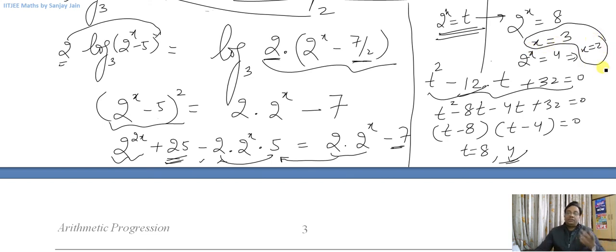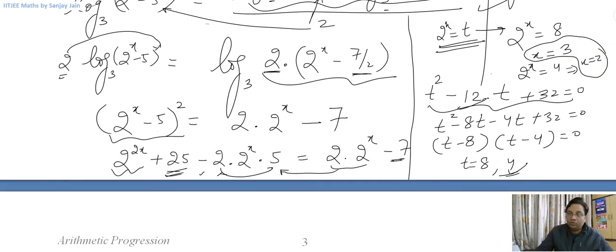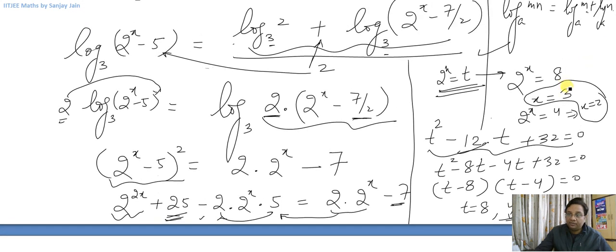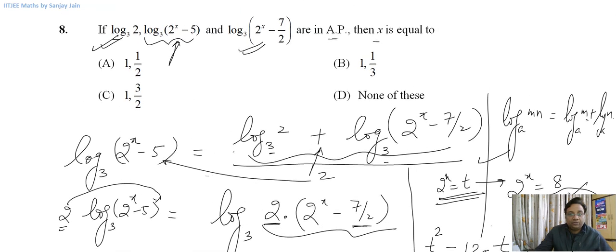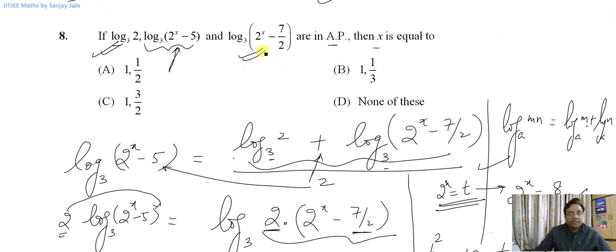But this question involves logarithm, so we have to go back to the question and check whether these values of x are valid or not. X is equal to 2 or 3. If I put, let us say, x equal to 2 in this expression, then it will be 2 squared minus 5, which will give me something negative.